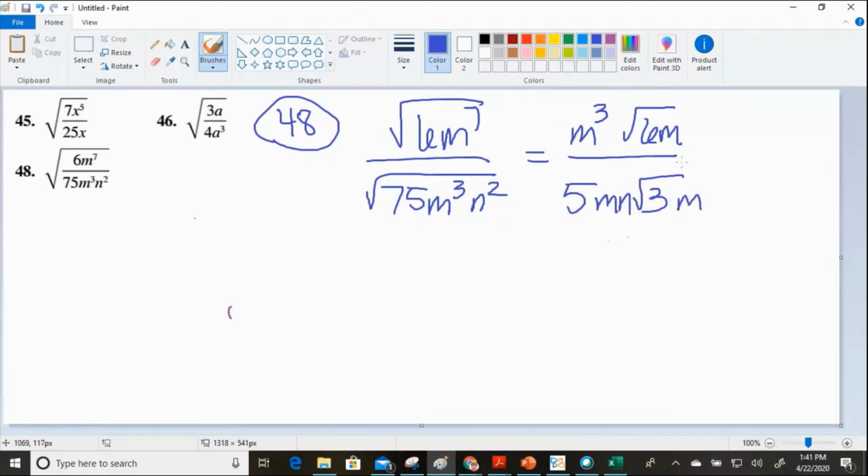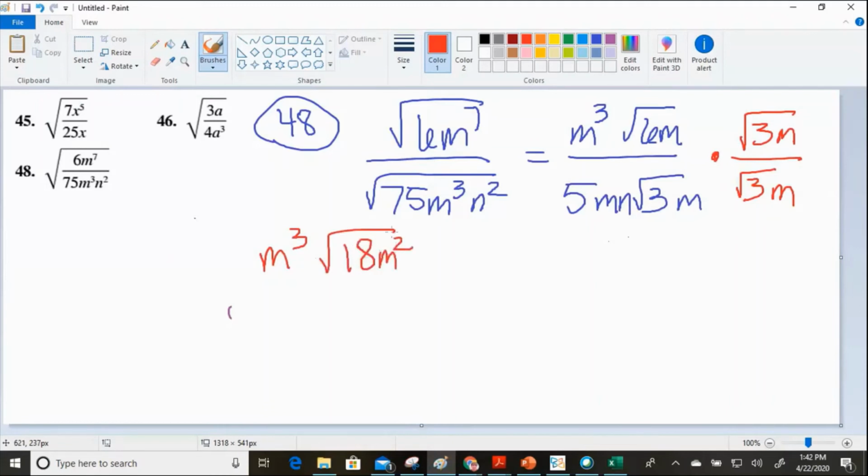Okay, same problem. I cannot have a radical on the bottom. So I have to multiply top and bottom by what is in the radical. So I now have m cubed over 18 m squared over 5m n 9m squared.